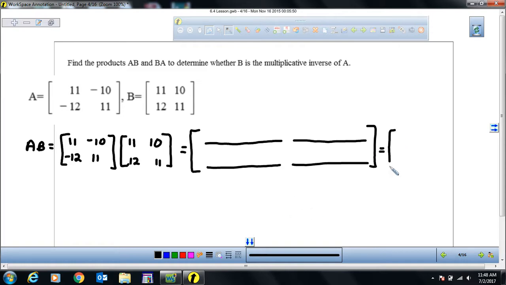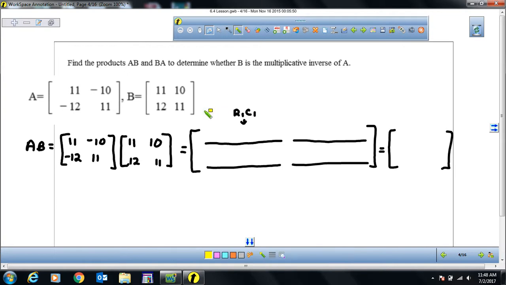So when we multiply the two matrices, remember that we are supposed to look at the location of each element. For example, this first element is located in the first row and first column. So in order to find the value of this element, we multiply the first row of the first matrix, which is this one, times the first column of the second matrix, which is this one.